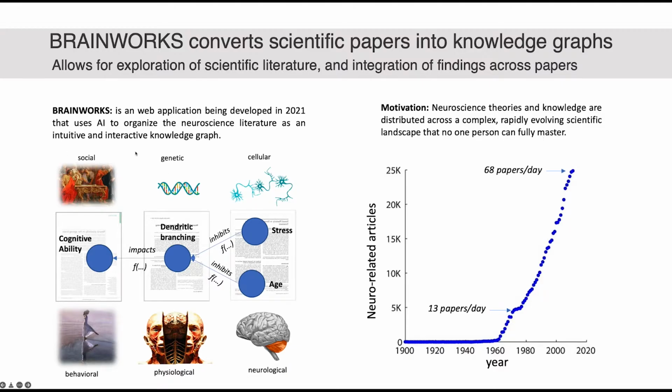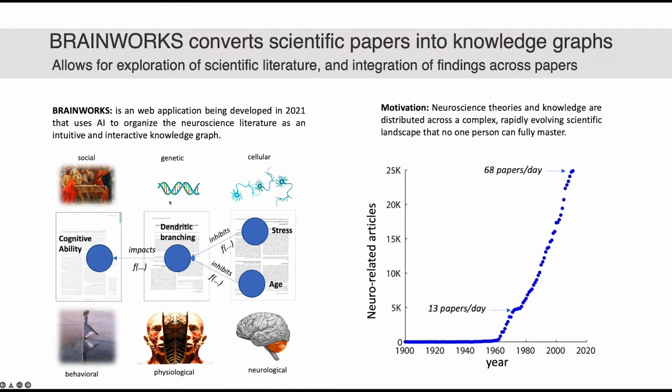To give you a concrete example, look at the image on the bottom left there. You can see I've got each of those 6 kind of areas we spoke about previously, the things that inform research on the brain. And there's papers that are written on each of those domains, right? There's papers written on social aspects that impact brain and brain function, genetic aspects, and so on.